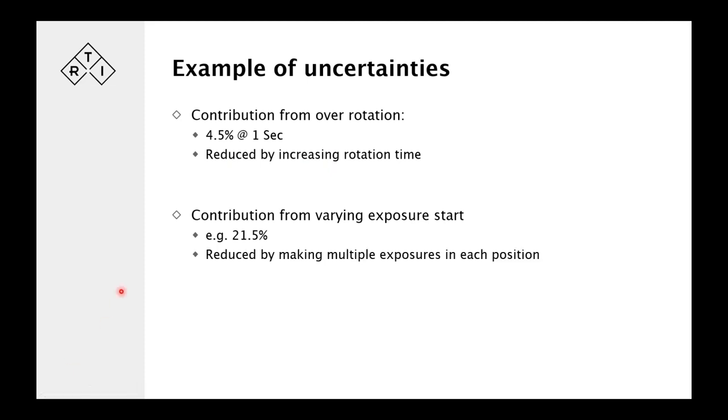How about the exposure start? Well, the only real way would be making multiple exposures in each position and getting the average out of that. And at the same time, hoping that that is the solution and that's the way to go, that in that way, we'll get a decent or a stable value for that.